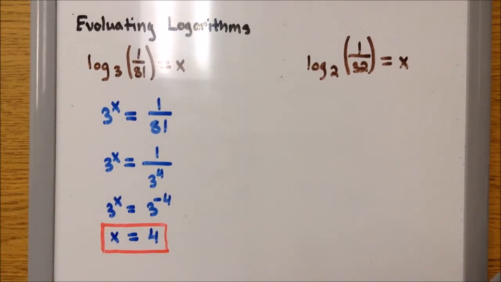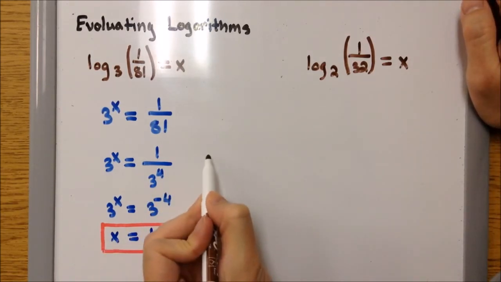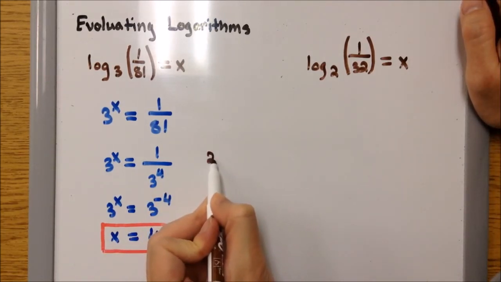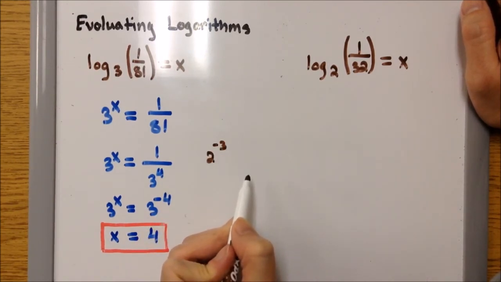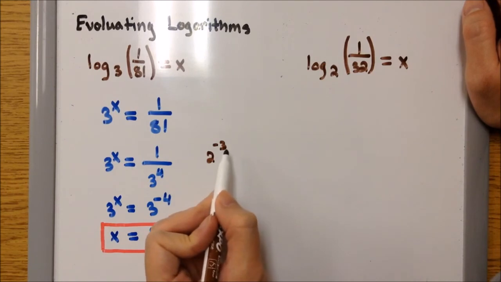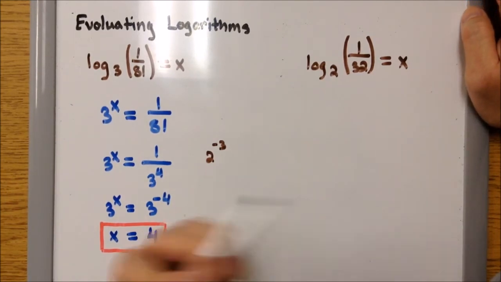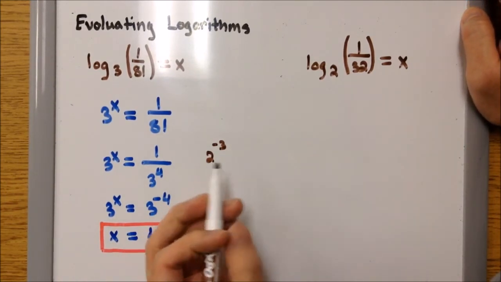Again, in order to work with fractions, you need to remember your exponent rules. So, just a little review. For example, let's do 2 to the negative 3rd power. Whenever you have 2 to the negative 3rd power, in Algebra 2 you would convert it into a positive exponent.